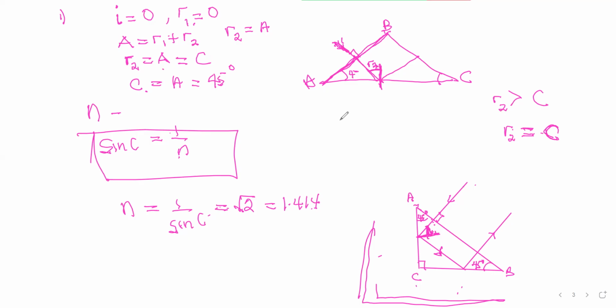If the refractive index of the material of the prism is √2, square root of 2, what we are familiar with, what is the angle of incidence on the first face of the prism?